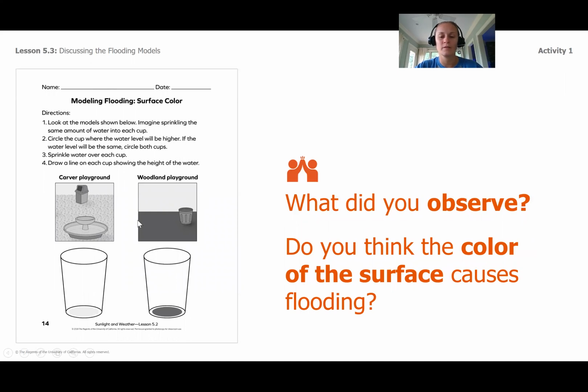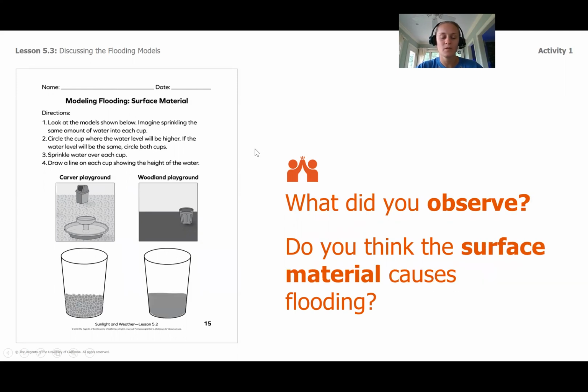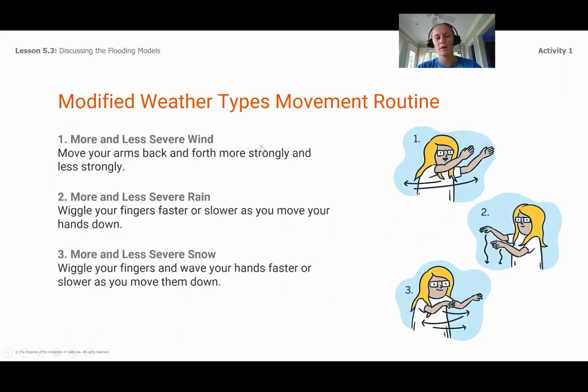And what about here? Do you think the color of the surfaces cause flooding? Or what do you observe here? Do you think the surface material causes flooding? Just think back to last week and what we did with our different model, okay, and think about which one might have caused the flooding.